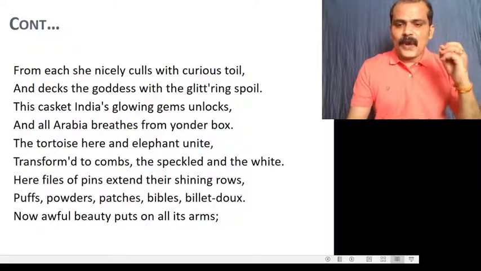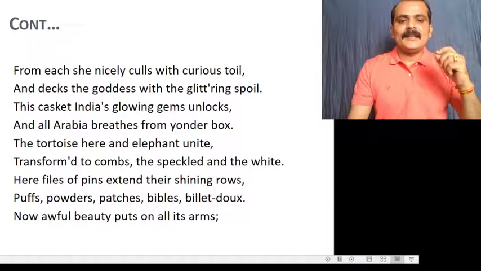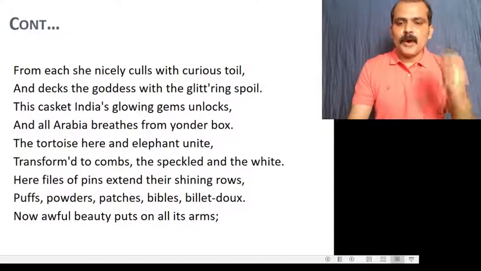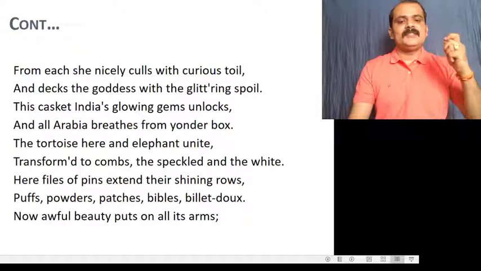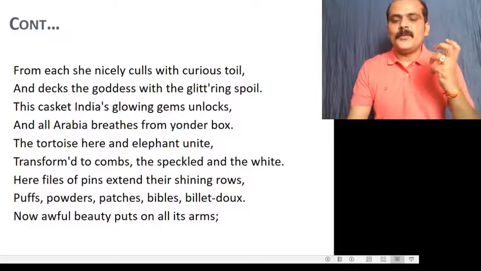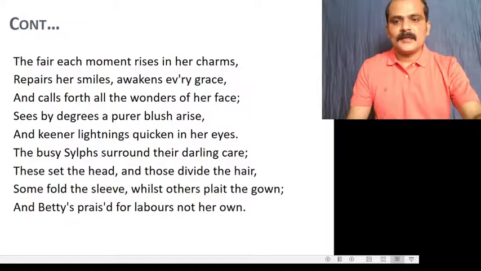Here files of pins extend their shining rows, puffs, powders, patches, Bibles, billet-doux. Now awful beauty puts on all its arms.